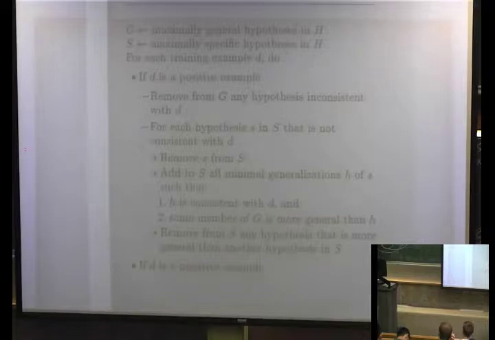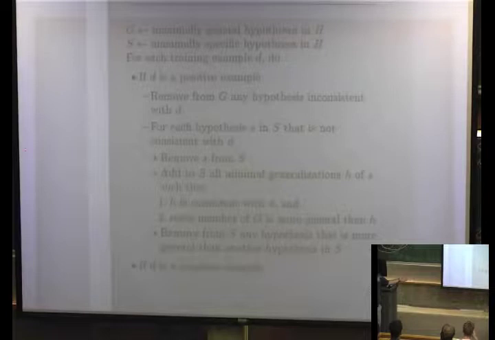You start by setting G and S to what they ought to be for the entire space H. What is the most specific hypothesis in H in our particular example? It's the one that says no to everything, which can be represented by nulls everywhere.